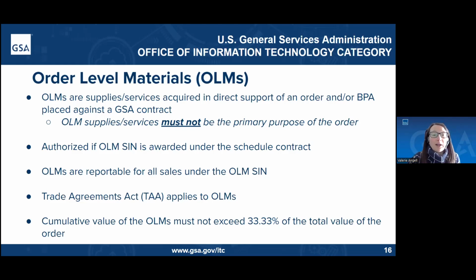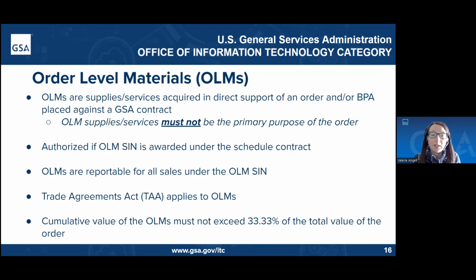So OLMs are items that are not on your GSA schedule contract because the need for them was not known at the time that your schedule contract was awarded, but then they are needed to actually support the task order. Keep in mind that OLMs cannot be the primary purpose of the order. They can only have a supporting role. And OLMs are authorized only if the OLM SIN is awarded under the schedule contract.